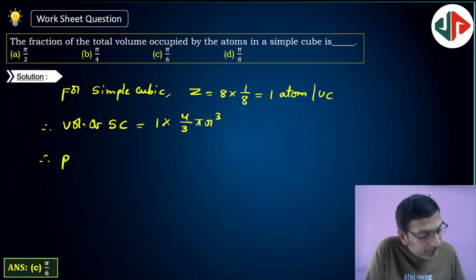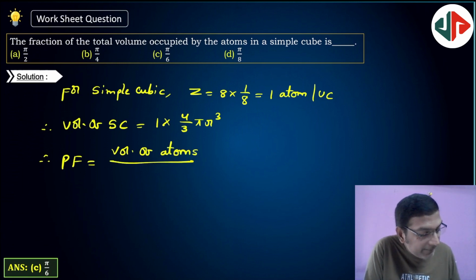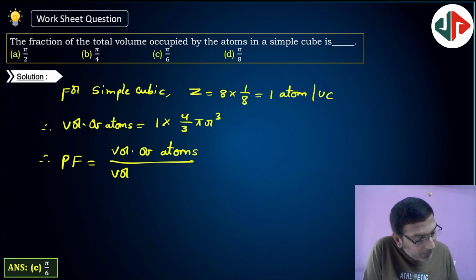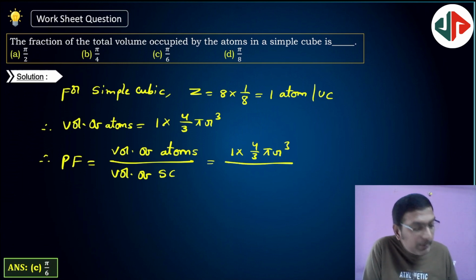Therefore, packing efficiency or packing fraction equals volume of atoms by volume of simple cubic structure. Packing fraction is just a ratio. So volume of atoms is 1 into 4 by 3 pi r cube, by volume of simple cubic.